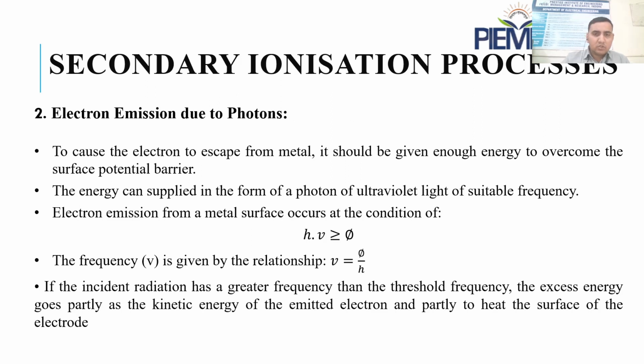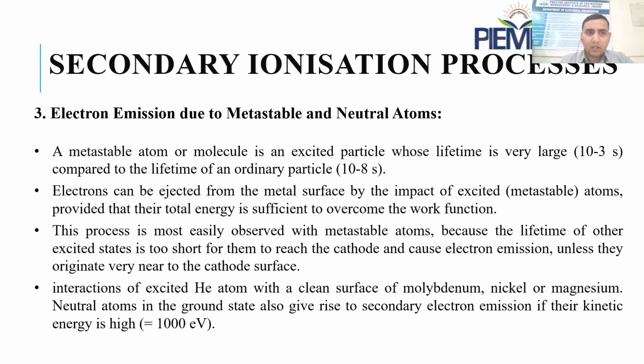Only UV rays with suitable frequencies can emit electrons, when the energy is greater than the electron's binding energy. Given the formula below, v equals phi over h, the incident energy must have a greater frequency than the threshold frequency, and the excess appears as the kinetic energy of the emitted electron.